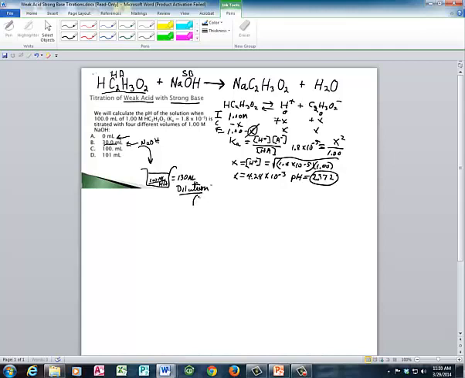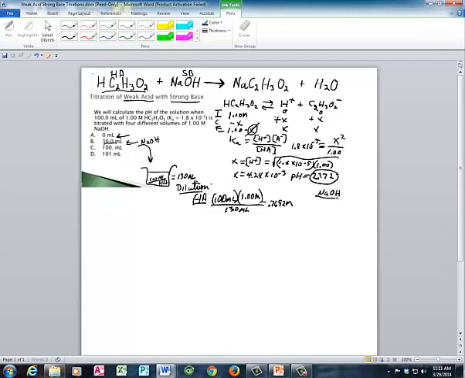For my weak acid, acetic acid, and I'm just going to call that HA, it's going to be 100 milliliters of starting volume times its concentration, 1.00 molar, divided by the new solution volume of 130 milliliters. And that gives me a concentration for the acetic acid of 0.7692 molar.